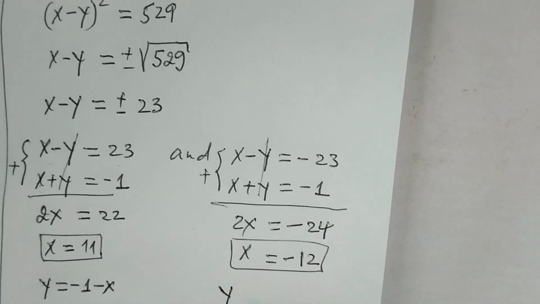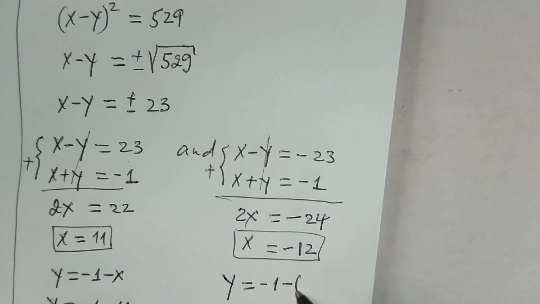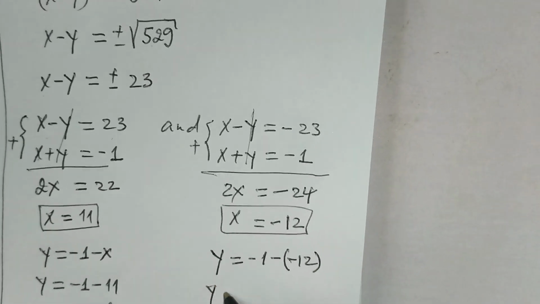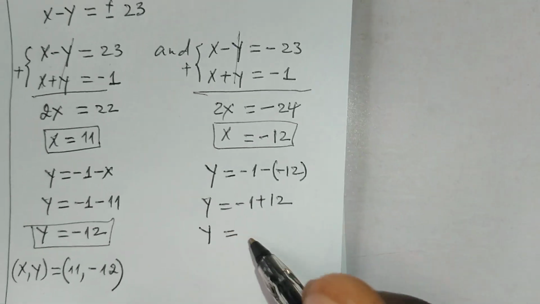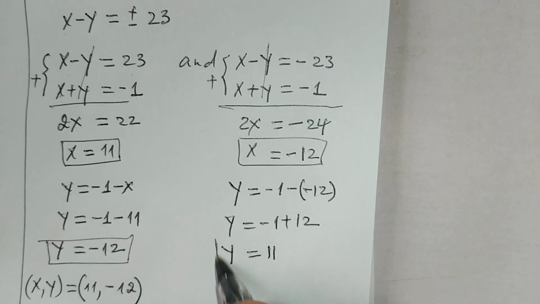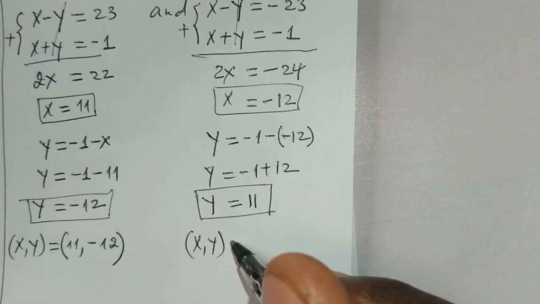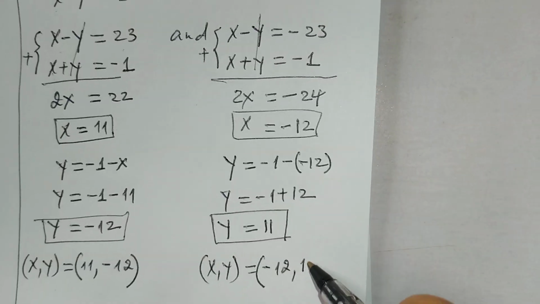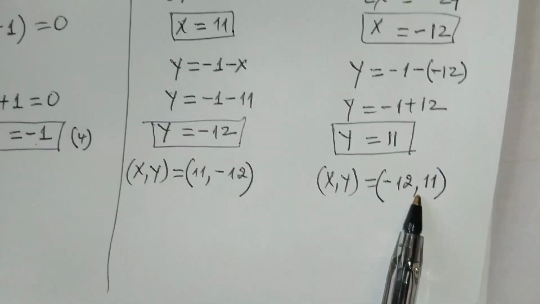So y is equal to, from this equation, negative 1 minus x, which is negative 1 minus negative 12. So y is equal to negative 1 plus 12, and y is equal to 11. So solution x and y is equal to negative 12 and 11. These are the solutions of this equation.